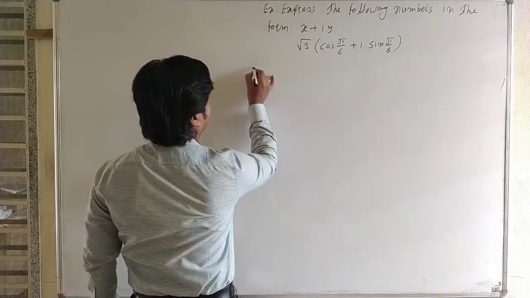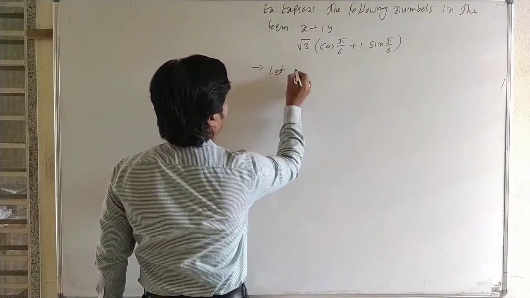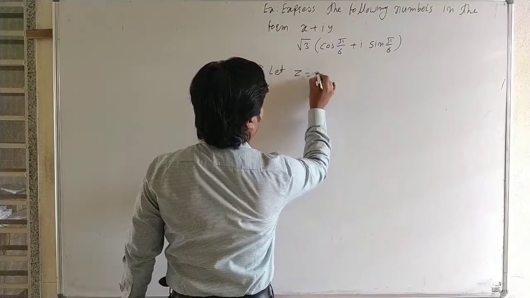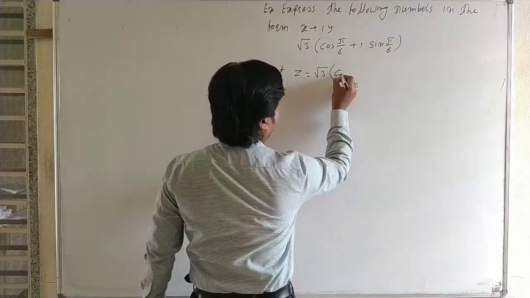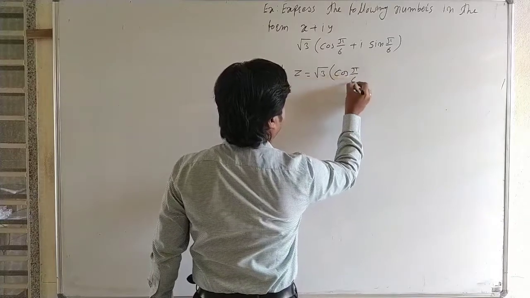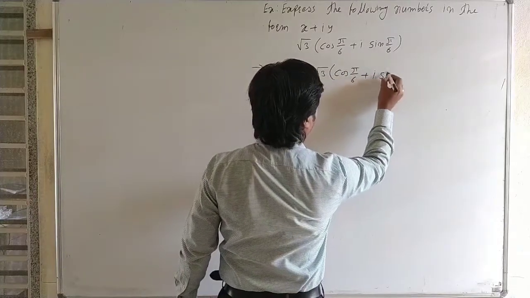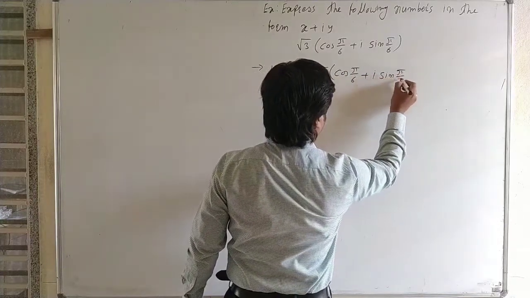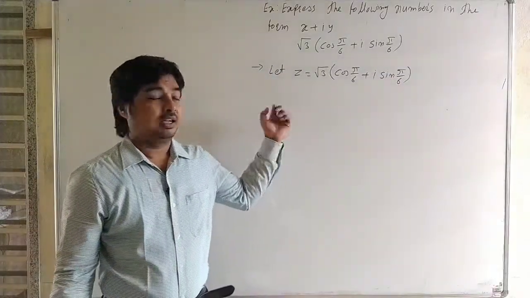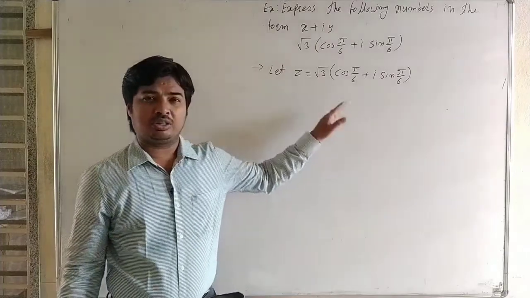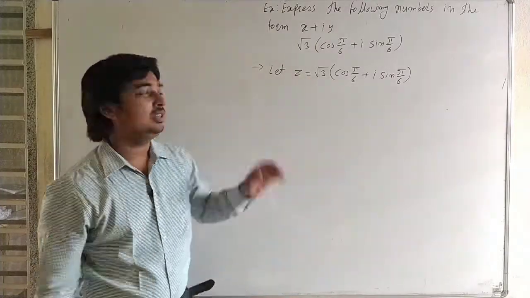Now let z is equal to root 3, which is the value of r, cos pi by 6 plus i into sin pi by 6. We find the values of x and y. Therefore, x is equal to r cos theta and y is equal to r sin theta.